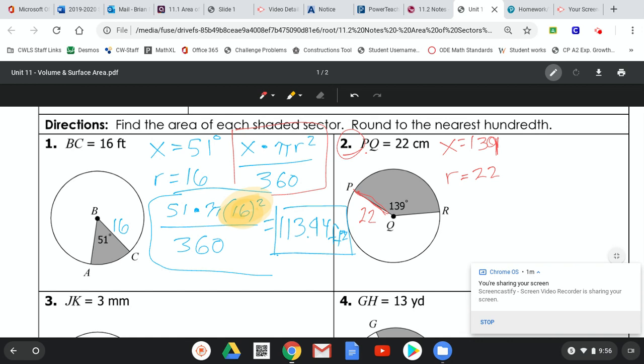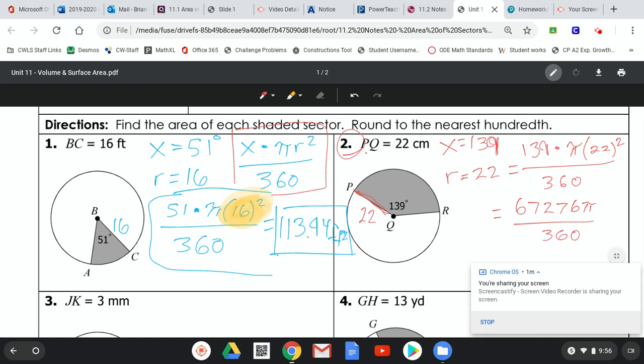So we're going to use that same formula, and we're going to do x times r squared times pi divided by 360. So 139 times pi times 22 squared divided by 360. All right. And when you do that here, we'll simplify this one a little bit further, and you should get 67,276 pi divided by 360.